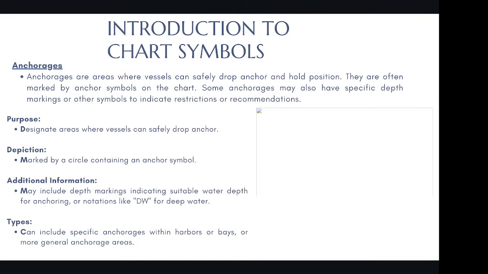Some anchorages may also have specific depth markings or other symbols to indicate the restrictions or the recommendations. So the purpose is to designate areas where the vessel can safely drop the anchor.